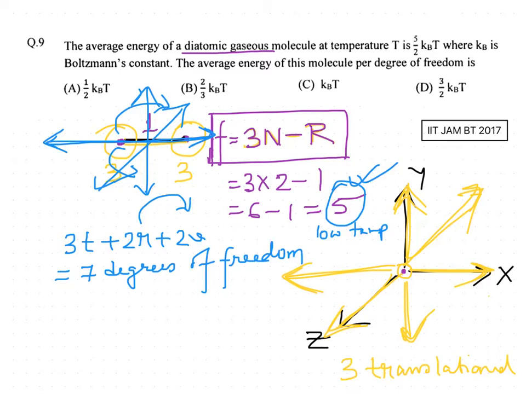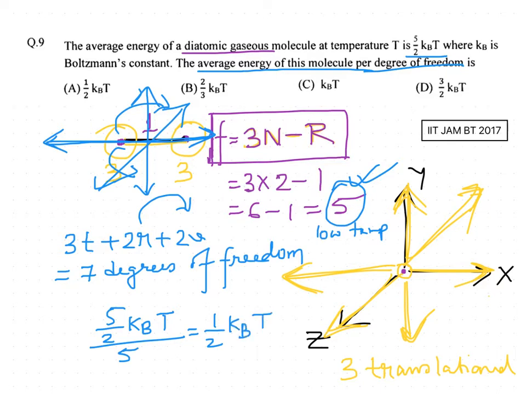F equals 5. So here the average energy of the molecule per degree of freedom is 5 by 2 kBT divided by 5, and that is equal to half kBT.